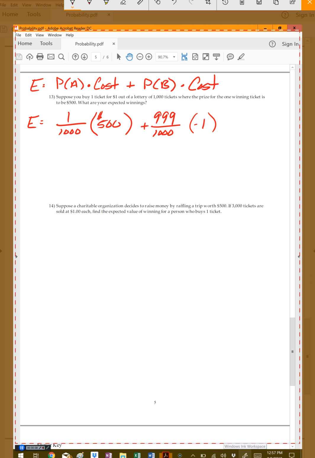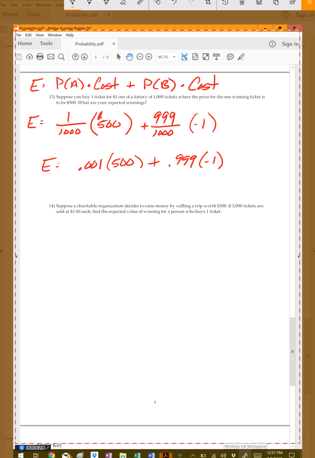Okay, so this then would be what we would put into the calculator. So we'd have 0.001 times 500 plus 0.999 times -1. Now you could put all this in the calculator for comparable fractions, or you could put this in. So I'm going to put this in my calculator, 0.001 times 500 plus 0.999 times -1.